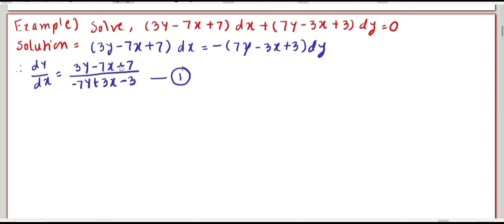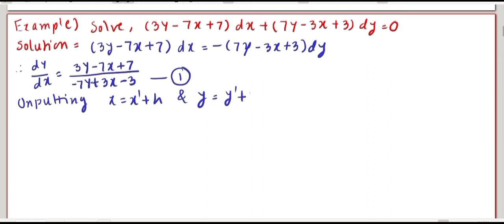Now, this is a non-homogeneous equation of the first degree in x and y. So we put x is equal to x dash plus h and y equal to y dash plus k by our method, where h and k are constants.